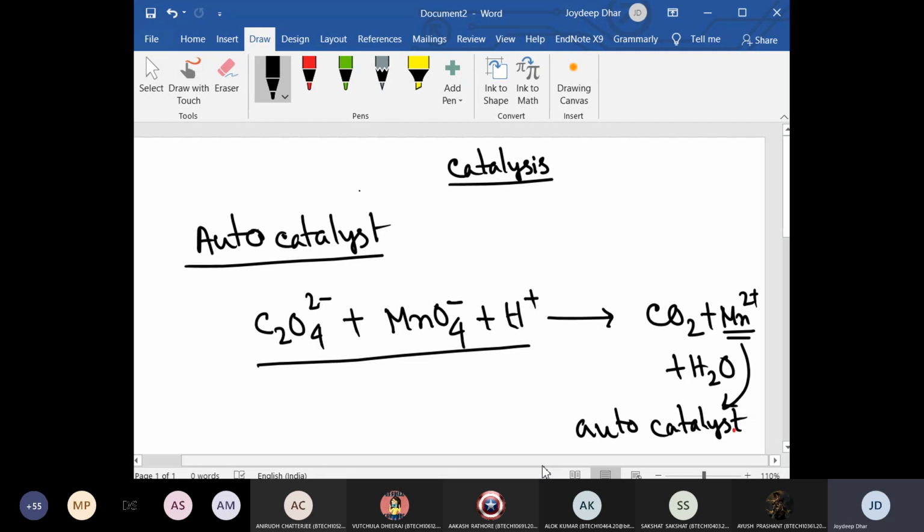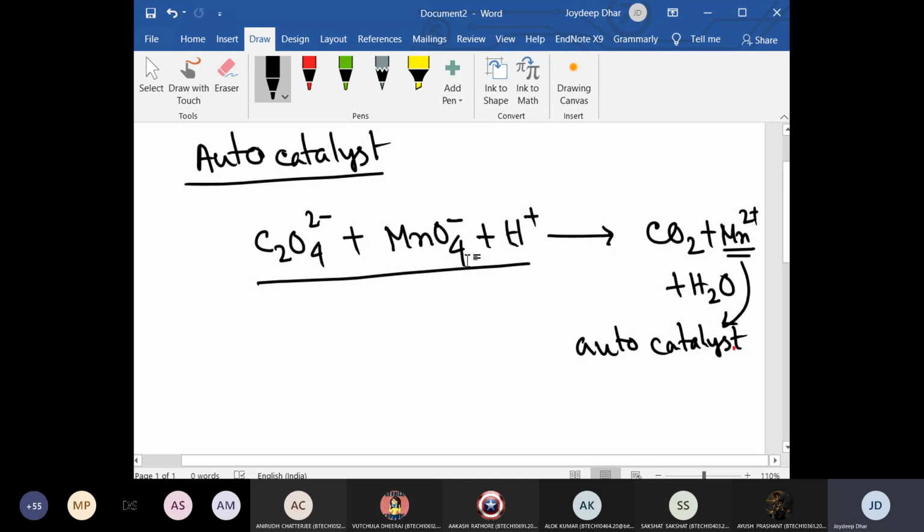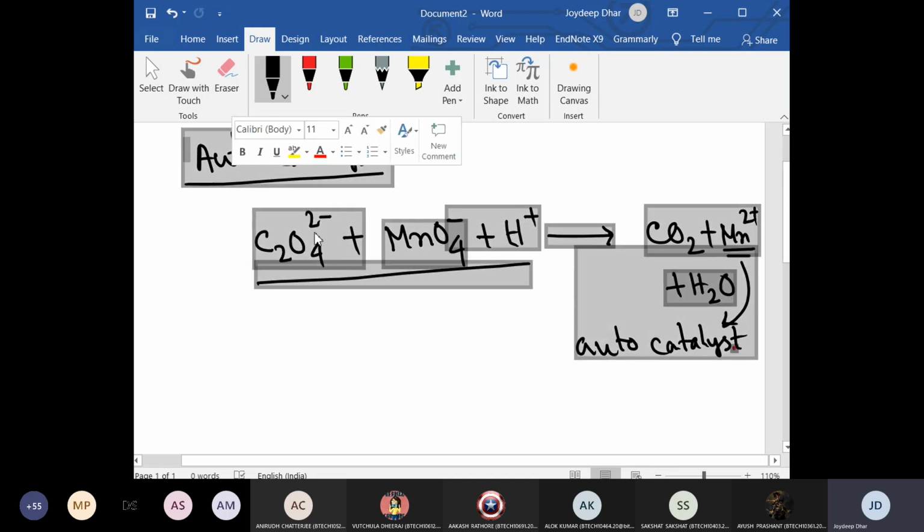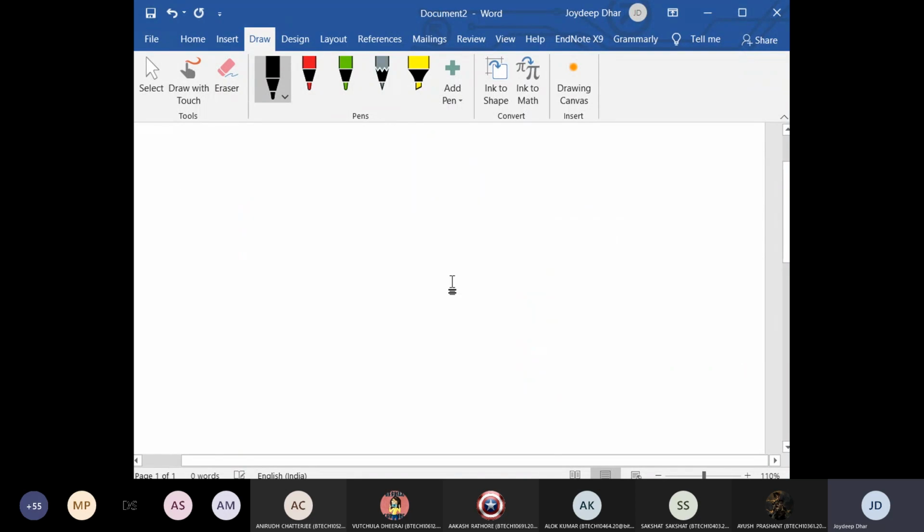Okay, so this is one example of auto catalyst. Several other examples are there, you can see from the book, but this is a common example. And there will be, as I told, promoter is there.